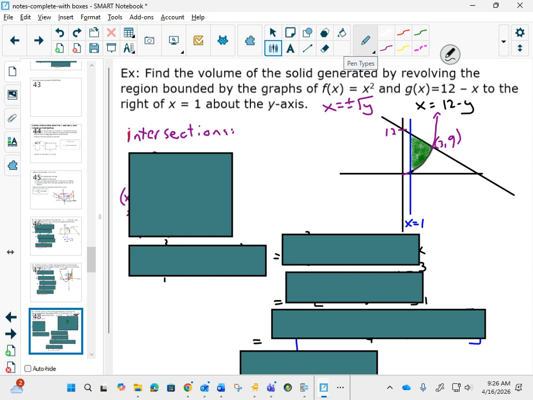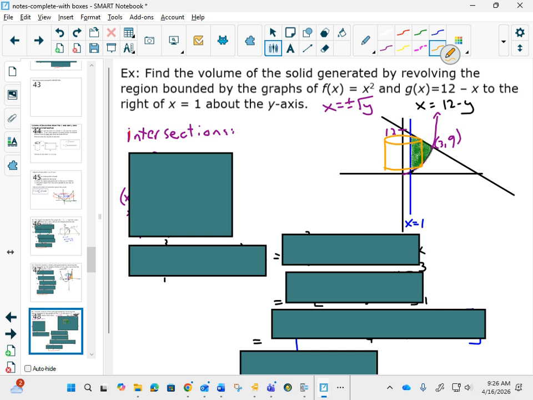If I did paper thin cylinders, so now I'm going to pick a point on here in orange. There's my paper thin cylinder. My radius is going to be x minus 1, because I'm going to start a little bit small.